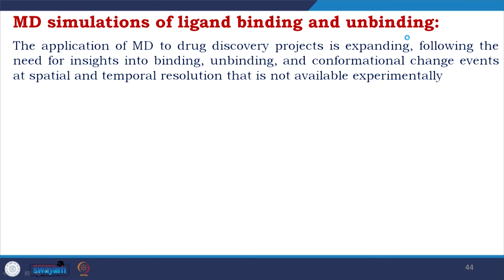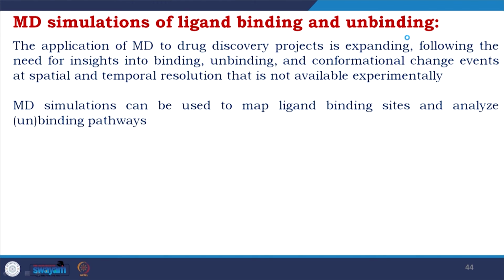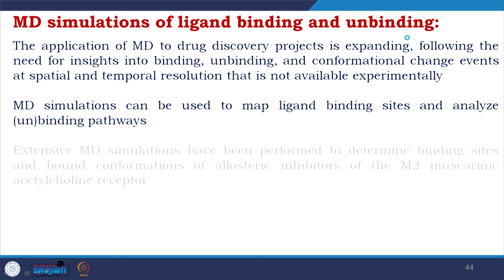The application of MD to drug discovery projects is expanding following the need for insights into binding, unbinding and conformational change events at spatial and temporal resolution that is not available experimentally. MD simulations can be used to map ligand binding sites and analyze unbinding pathways.